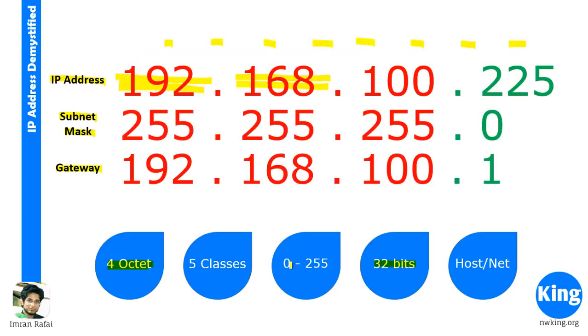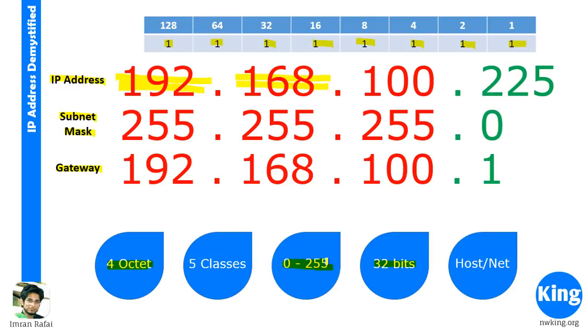Alright, next it says an IP address can take numbers from 0 to 255. You might ask, where does 255 come from? Well, if you look at the table again, if all the bits in the octet are 0, the decimal number is 0.